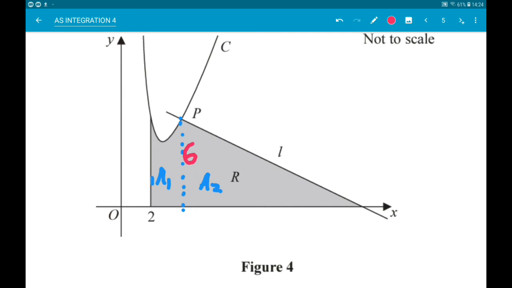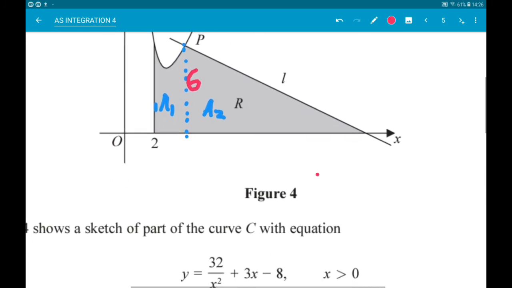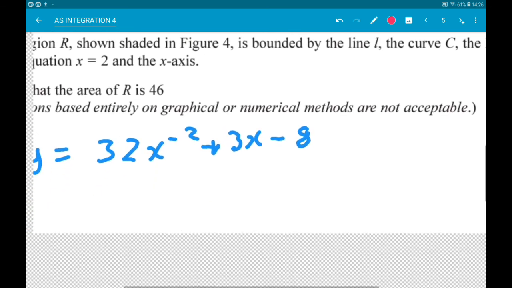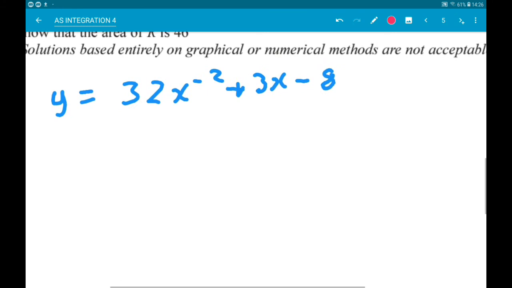So all we need is the x-intercept of the line L. So we need to find the equation of L, which remember is the normal to the curve C at P. So now we're using differentiation. Now if you haven't done them already, I have a whole playlist on differentiation exam questions.